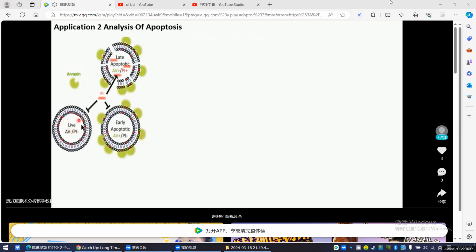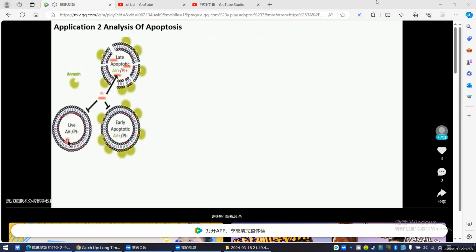So initially the cells which are alive and healthy cannot bind annexin, and they also cannot be stained by propidium iodide, because we have seen that propidium iodide can enter only a dead cell.